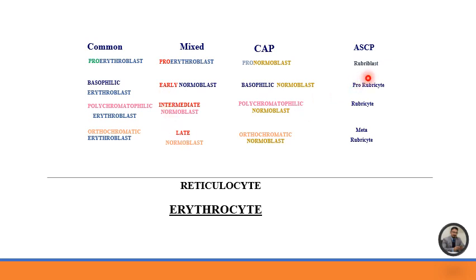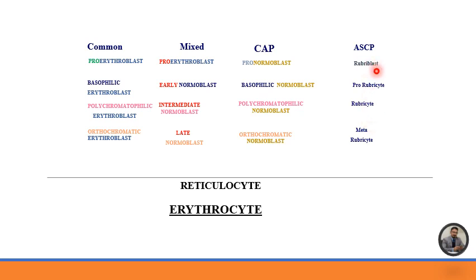The ASCP nomenclature is not so common, but we know that rubri is used for red blood cells, and they use this nomenclature similar to leukopoiesis, where we have myeloblast, then promyelocyte, myelocyte, and metamyelocyte.